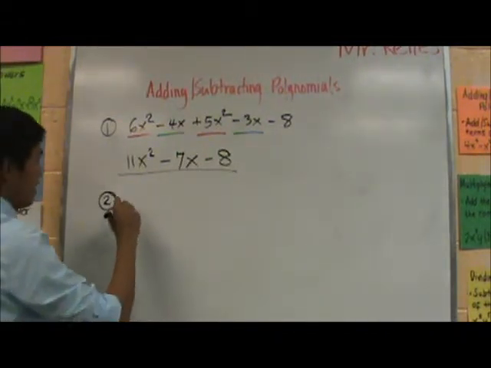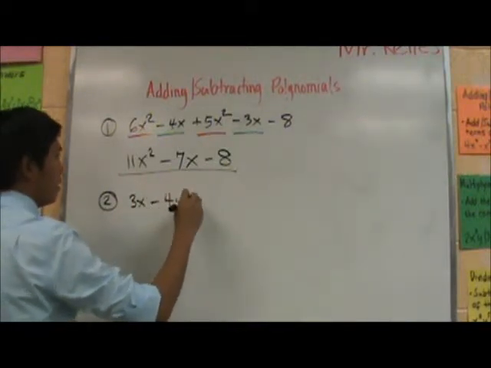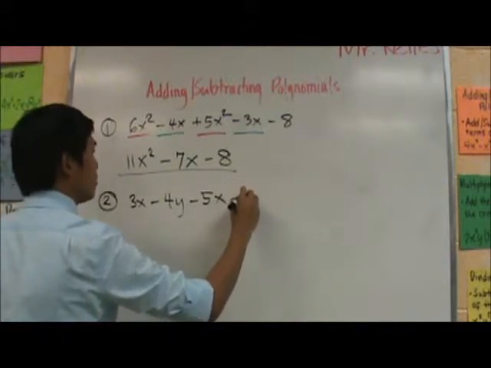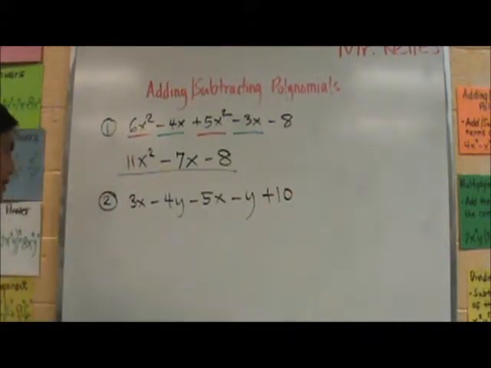How about if we have 3x minus 4y minus 5x minus y plus 10? Okay? So here, again, we have to identify our like terms. Which ones here are like?